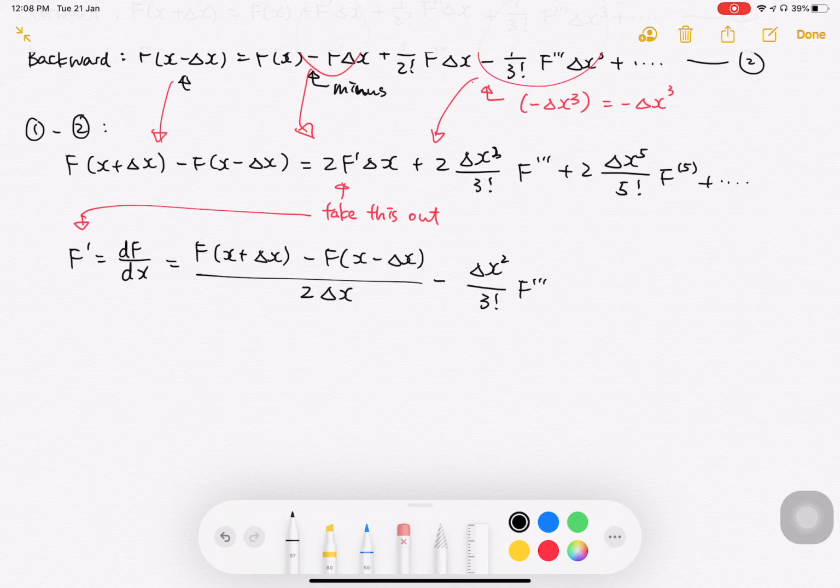We have divided the whole equation by delta x, actually 2 delta x, so that's why we only have delta x squared left.